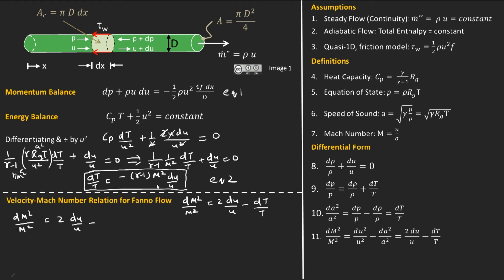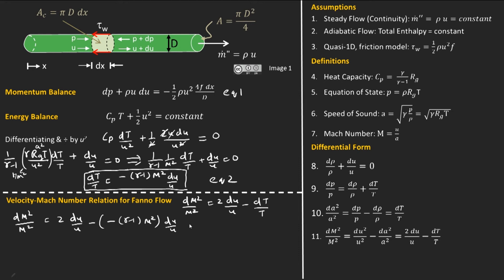So using this equation 2, this is going to be minus of (gamma minus 1) times M squared times du over u. In case you're confused about the minus over minus, this is because there was a minus in front of the dT over T to start with, and then dT over T in itself is minus of something, so we just substitute directly.